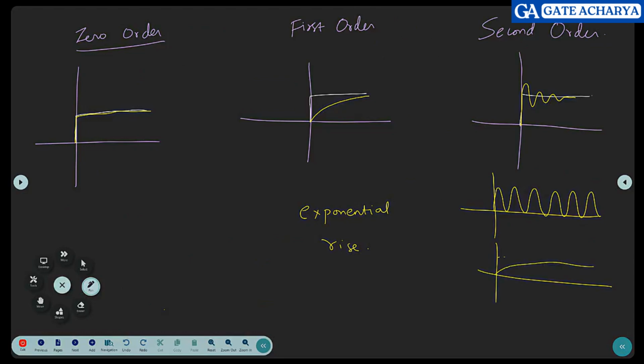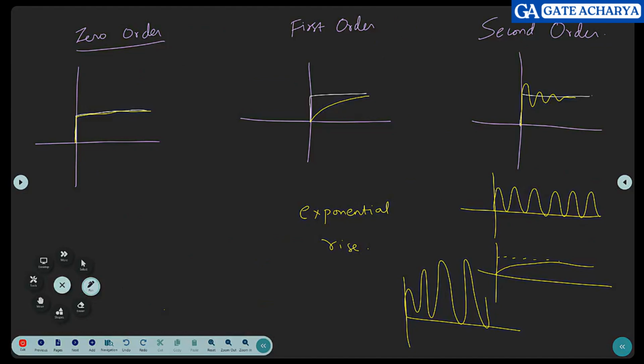And in the other case, it can be somewhat similar to the first order. We say overdamped or critically damped. Both will look somewhat like this. And then in another case, you can have an exponentially increasing, totally unstable system. So in a second order system, multiple things are possible.